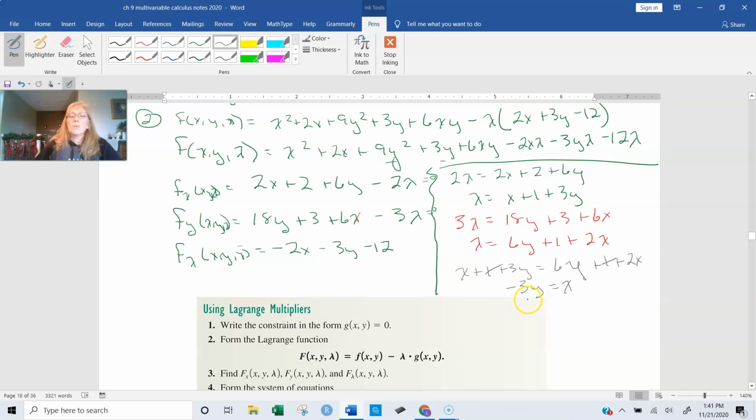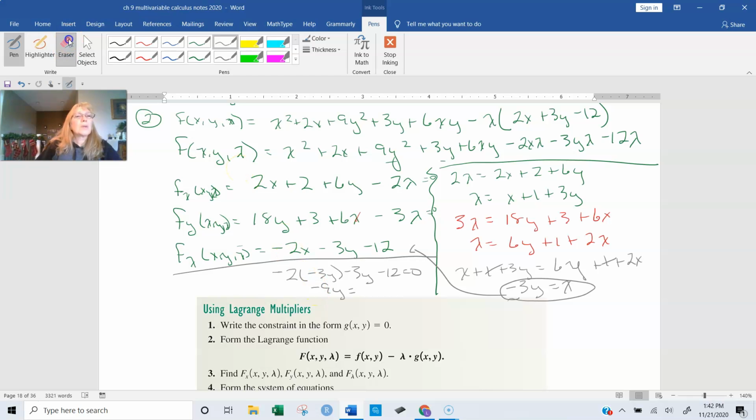Well, now that I have x equals negative 3y, I can substitute this into my constraint equation. So now we've got negative 2 times negative 3y minus 3y minus 12 equals 0. So we're still solving here. Solving this, I did my math wrong.